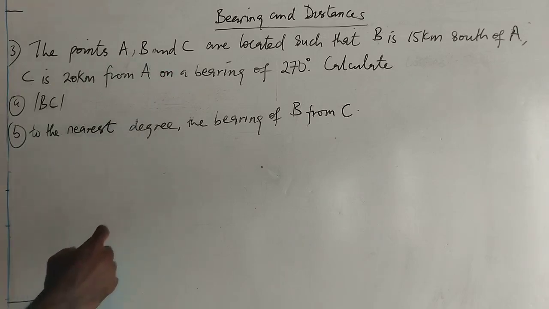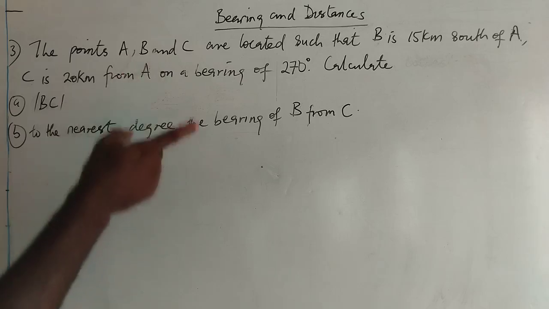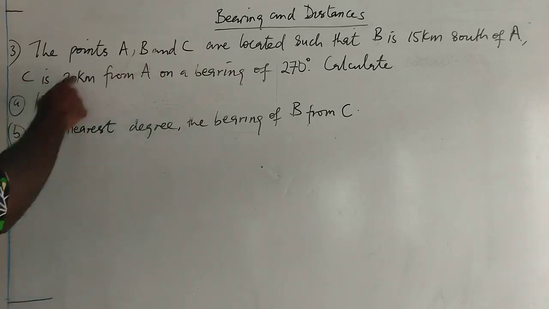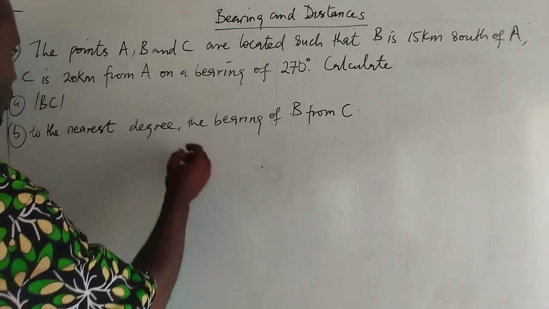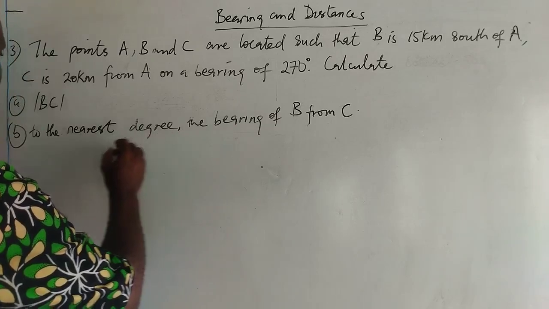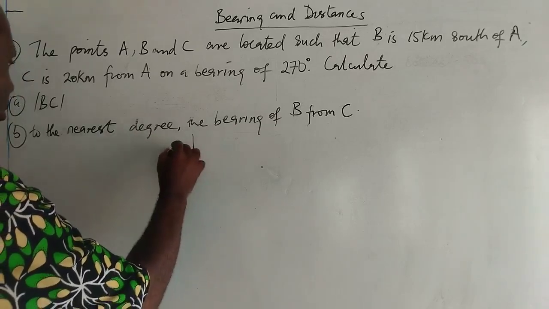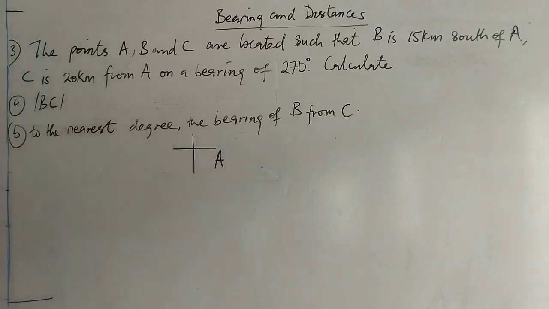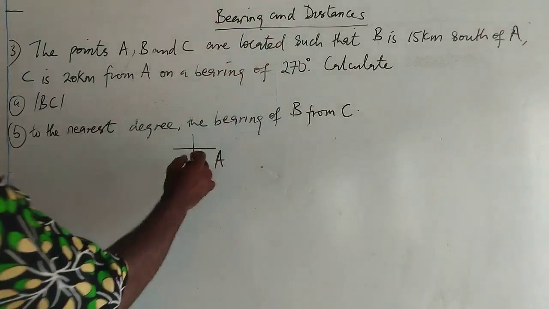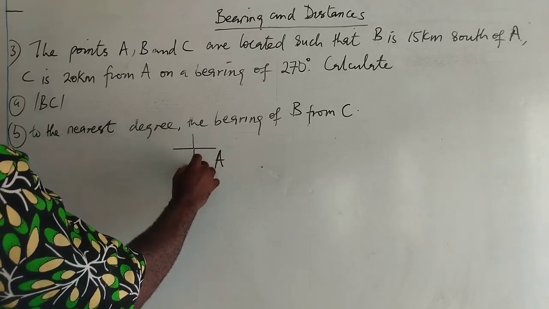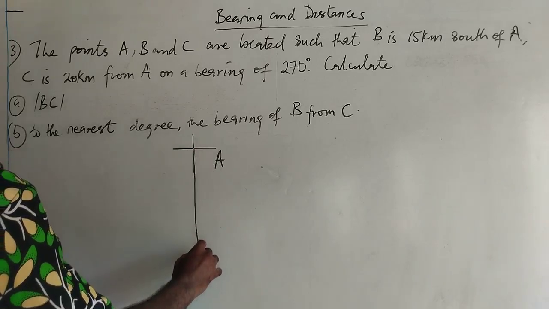It says B is south of A, and then C is also from A. It means the first point we're going to draw is A. So we take this to be our A. It says B is 15 kilometers south of A. So south means this is the south of A. Draw a straight line down.